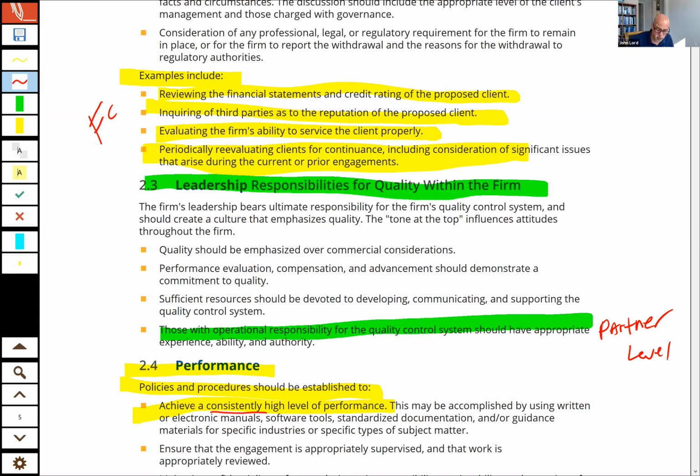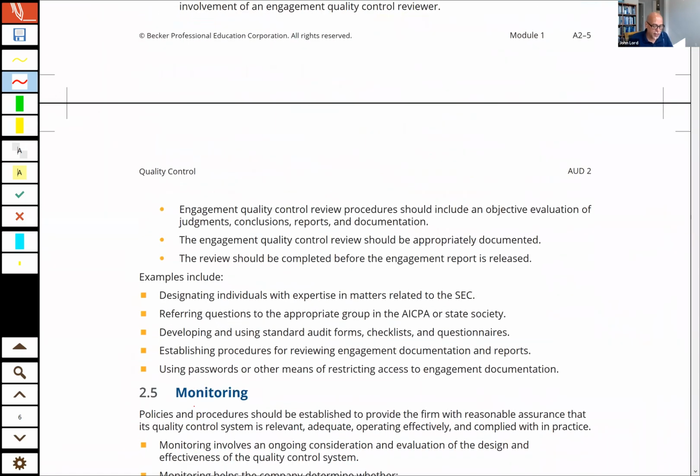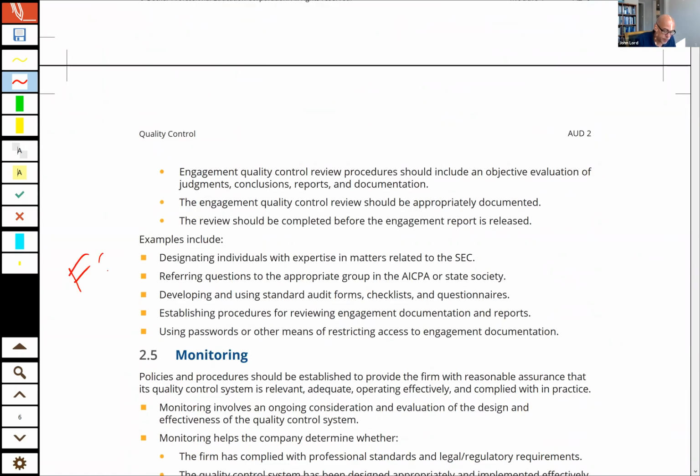Okay, so let's take a look at some of the activities then that we will engage in to ensure that our audits are conducted at a consistently high level. By the way, I probably should have pointed this out at the very beginning. Notice we talked about the audit reports, and that was at the end of the engagement. We talked about that first.